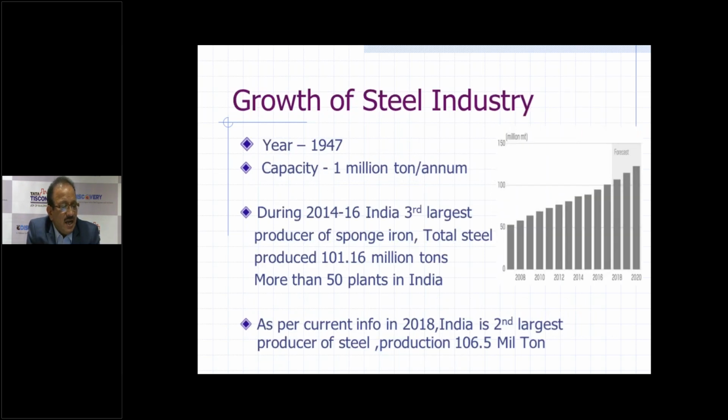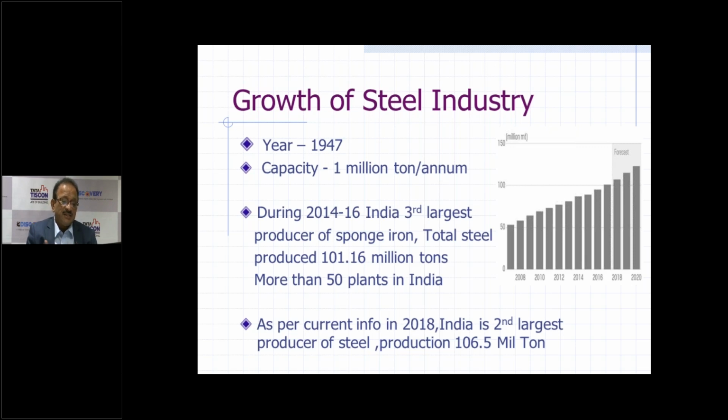We will see how the steel industry has grown in India first. In 1947, when India got independence, the manufacturing capacity on pan-India basis was only 1 million ton per annum. And if you talk about recent development, during 2014 to 16, India was the third largest producer of sponge iron, and total steel produced in India was around 101 million tons, and we had more than 50 plants in India then.